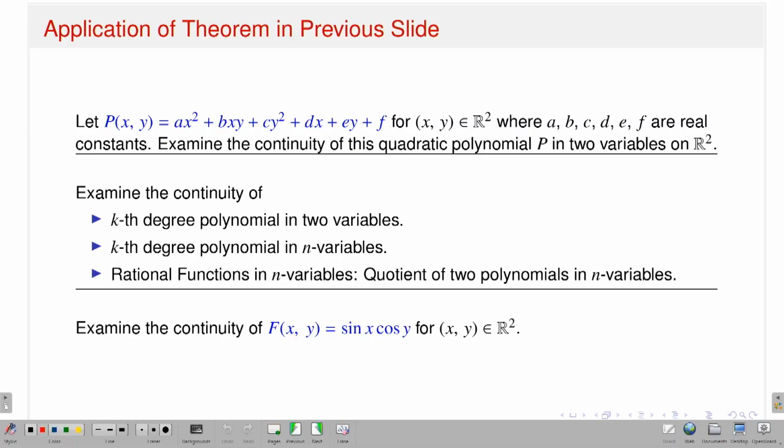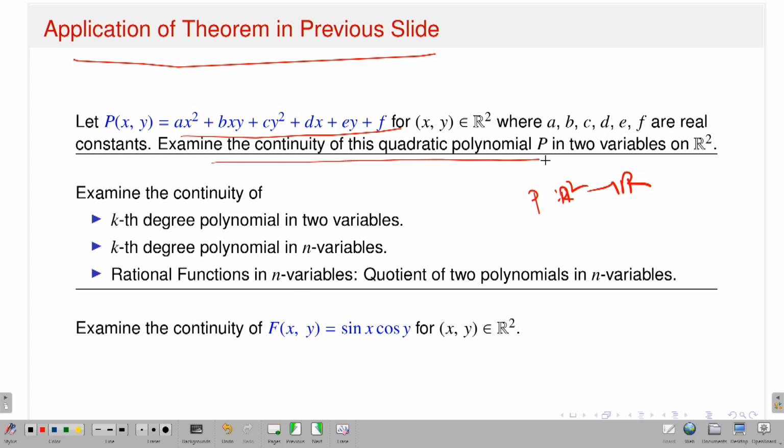Once I have that algebra of continuous functions, you can prove examples of various continuous functions. That's why I have written this application theorem on my previous slides, where I listed out the algebra of continuous functions. Using that, you can easily check that if I take a function p from R2 to R, p of xy equals ax square plus bxy plus cy square plus dx plus ey plus f, a second degree polynomial where a, b, c, d, e, f are real constants, then it is a continuous function.